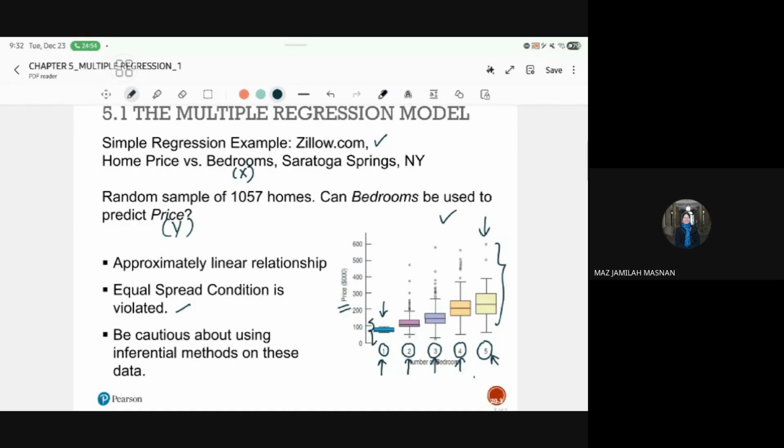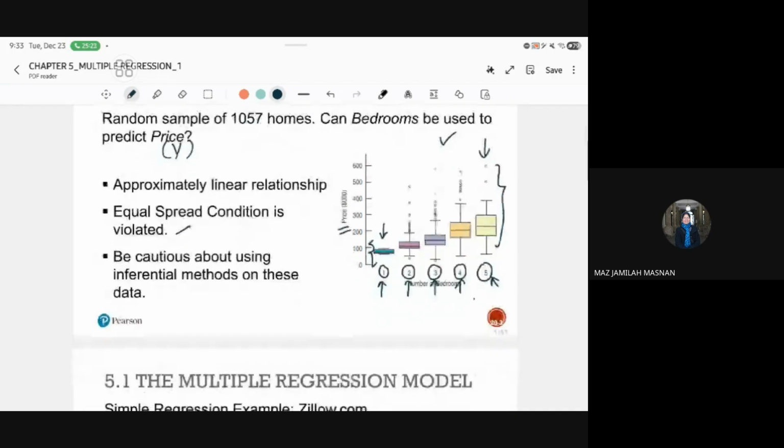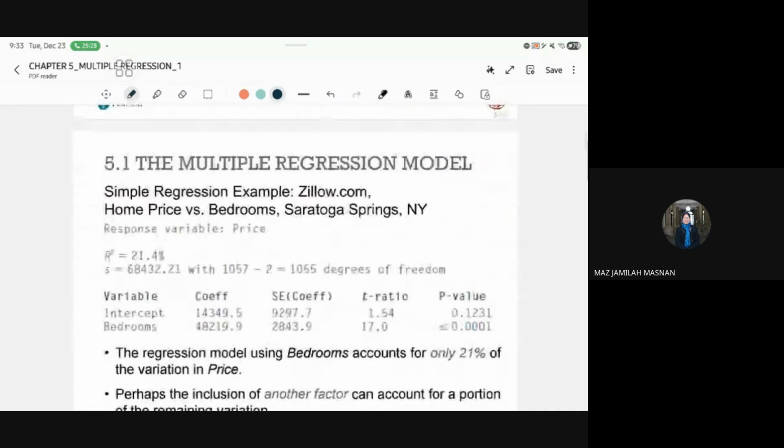Remember, when we talked about the assumptions for simple linear regression, the variance of your data should be equal, so that we can have an unbiased interpretation. This is something you need to ponder before you go for the analysis.